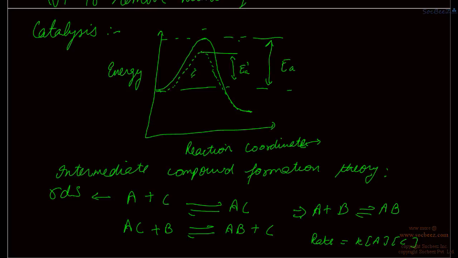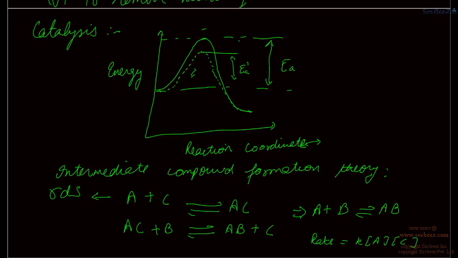Okay, so this is the intermediate compound formation theory, and then there is the adsorption theory, in which the reactants undergo adsorption on the catalyst surface, and then they form product by diffusion.